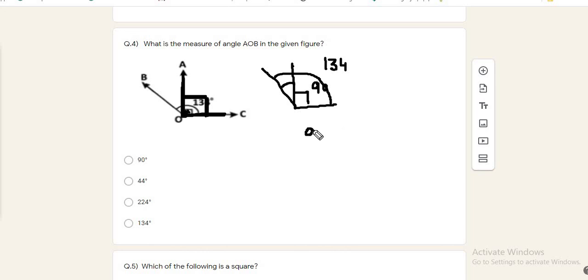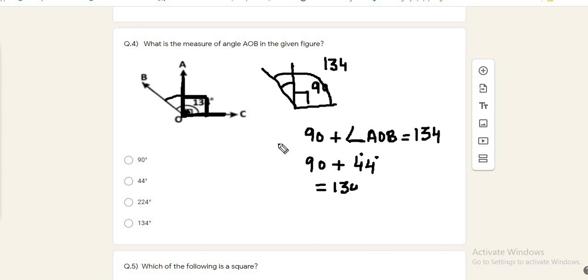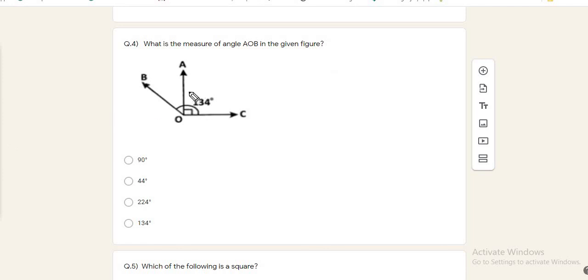So 90 plus angle AOB is 134. How much more is required in 90 to make it 134? It is 44 degrees. When we add 90 to 44, we get 134. So the angle given to us is a combination of 90 degrees and 44 degrees combined to make 134 degrees. So B is the correct option.